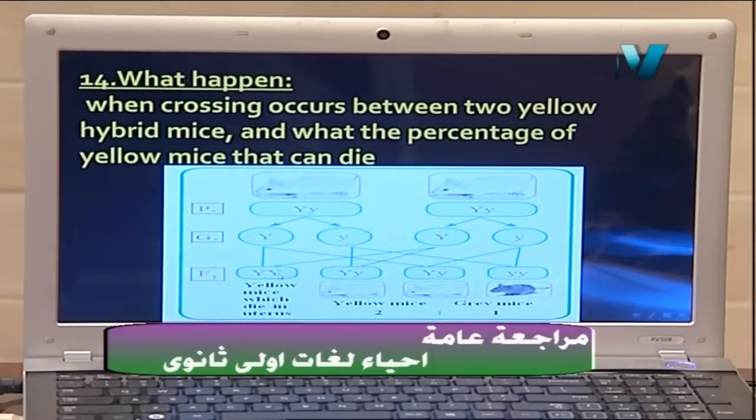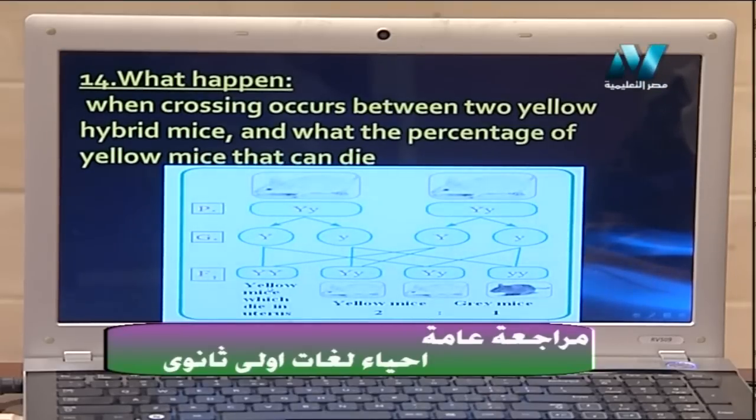No mice with capital Y capital Y. Okay? The second one will be capital Y small y. Third one, capital Y small y. Both of them are yellow. And the last one will be small y small y, a gray mouse. This is a recessive one. The ratio here will be one dies, capital Y capital Y. Okay?